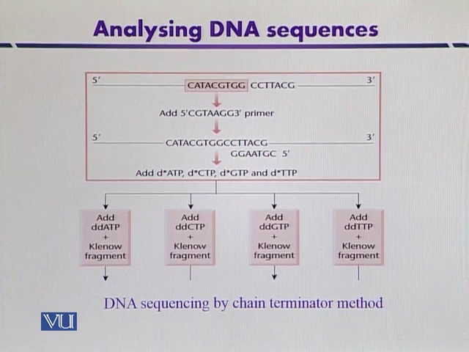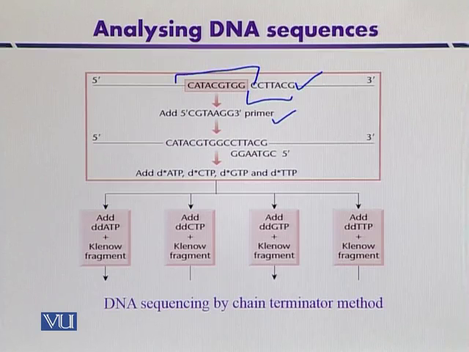Suppose this is the DNA fragment that we want to sequence, and here we have a primer that is complementary to this 3' end, and this is the primer that we will add, and this is the target sequence that we will elucidate in order to get the nucleotide base order.